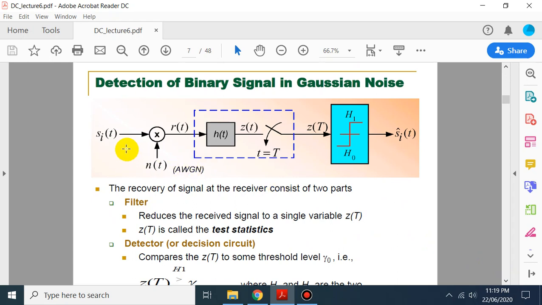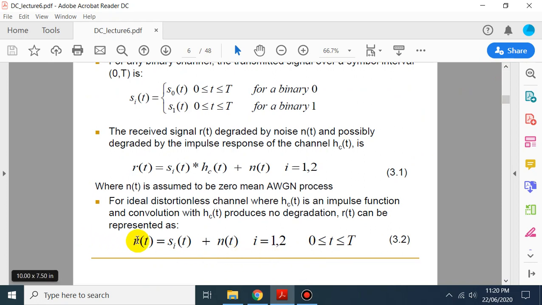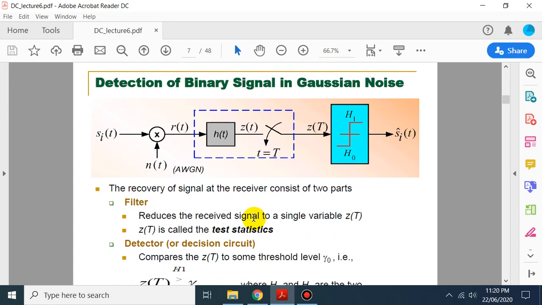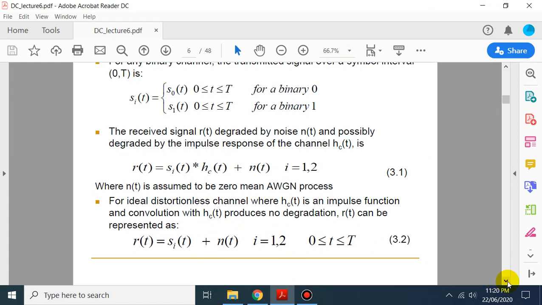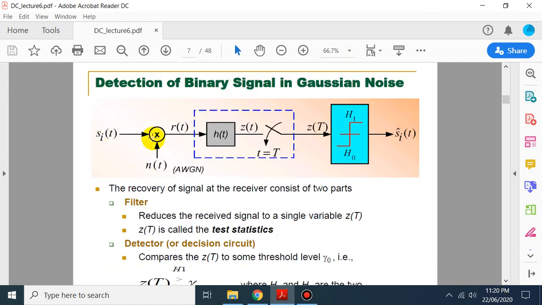Here we have a transmitted waveform, and according to this mathematical expression we are considering an ideal distortionless channel. So if we consider an ideal distortionless channel, then the block diagram for the mathematical representation will look like this, where s_i(t) will be added with this n(t) here, and we don't have anything involved from the impulse response of the channel, so we are getting r(t) here.